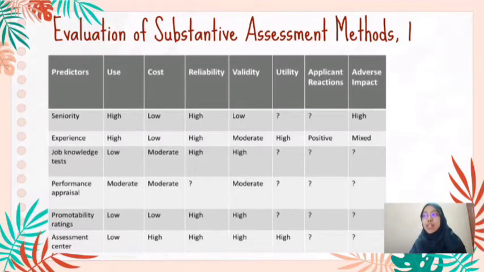Validity is the extent to which the assessment method is useful for predicting subsequent job performance. Cost is both to develop and administer the assessment. Applicant reaction is the extent to which applicants react positively versus negatively to the assessment method.